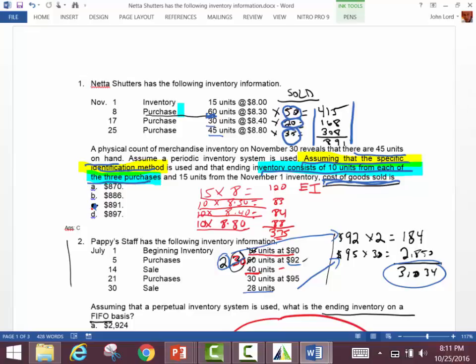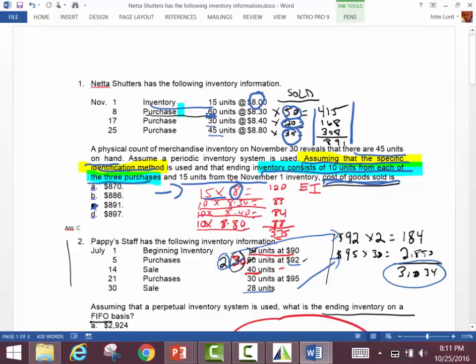Right? Okay. Now, just for fun, I went ahead and did the ending inventory down here. And they tell me in the fact pattern there were 15 units from the November 1st inventory. So I know that those are all still there, aren't they? 15 times, and I just picked up the $8.